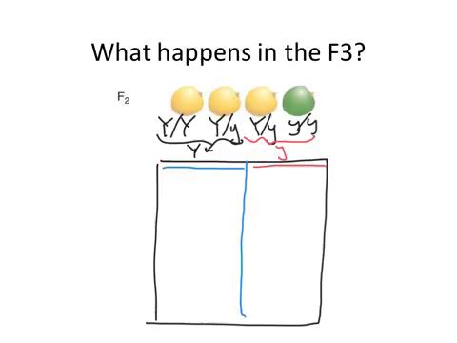We start out with organisms that are 50-50, half big Y, half little y alleles. We go to gametes that have exactly the same frequency. And we write the exact same thing on the other axis because we're mating the same individuals with each other, siblings with each other. So we have 50% big Y and 50% little y alleles.